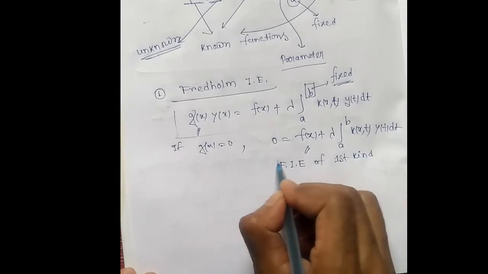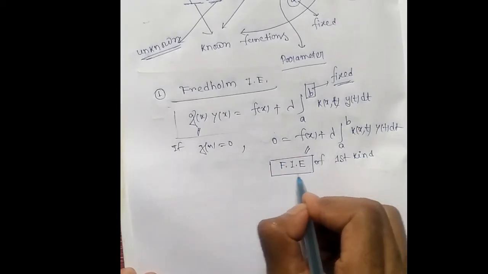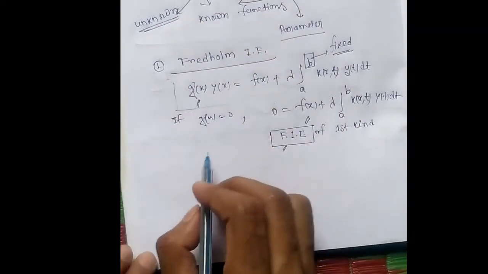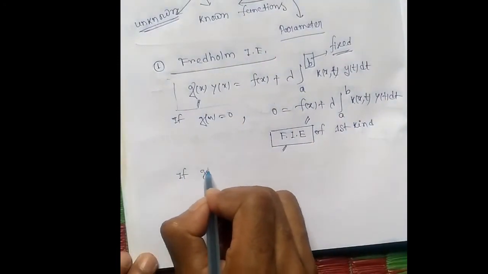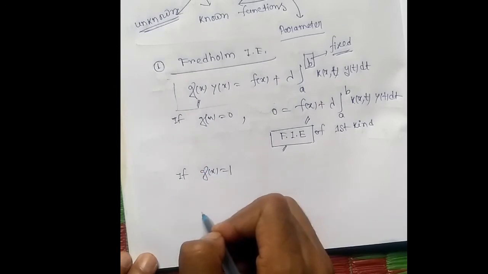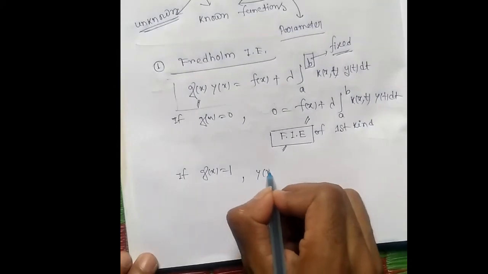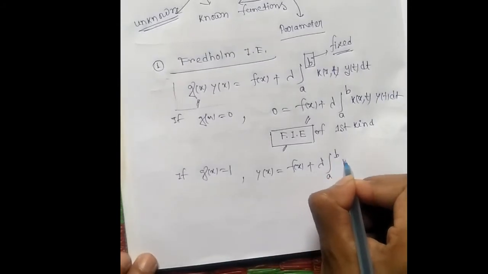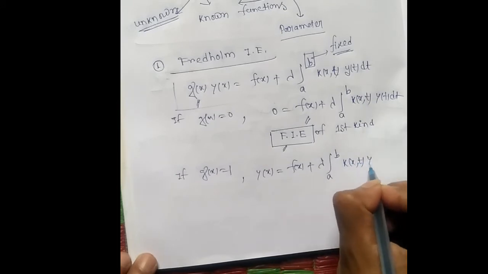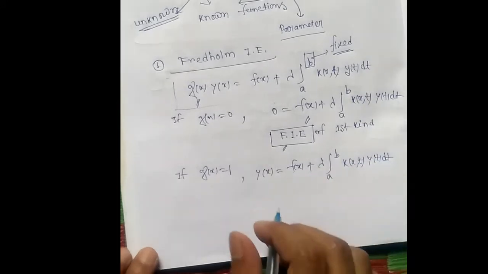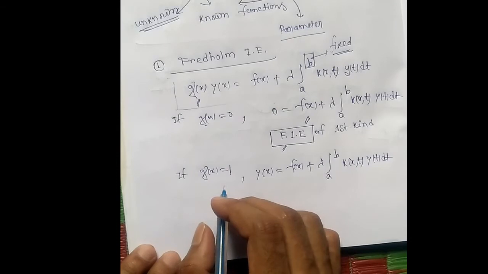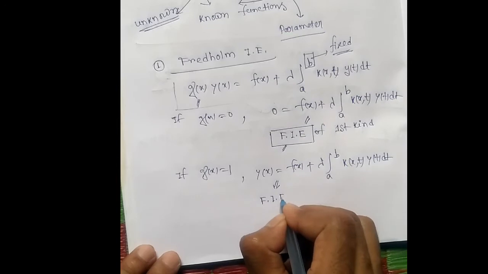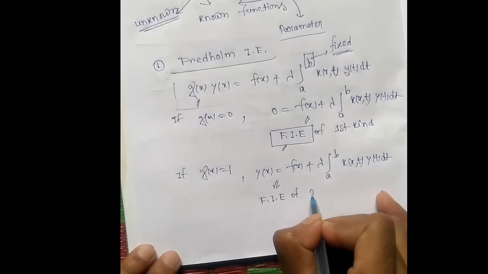Now the second is, if g(x) equal to 1, then we get y(x) equal to f(x) plus lambda integration over a to b K(x,t) y(t) dt. This is called a Fredholm integral equation of second kind.